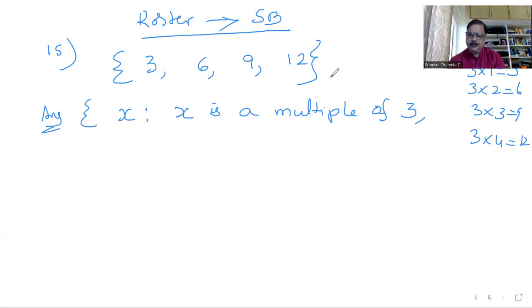Multiple of 3 means 3 into 1, 3 into 2, 3 into 3, like that. Multiple of 3, and x is less than or equal to 12. So all these numbers are covered in this.